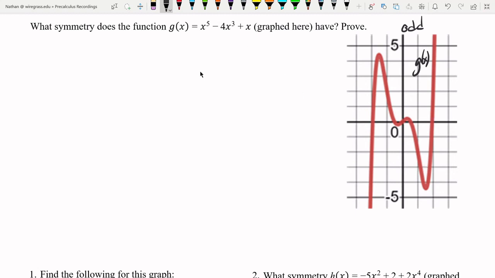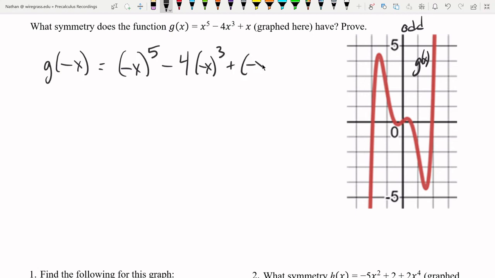And we can prove that it has odd symmetry by taking g of negative x. That's going to be negative x to the 5th power minus 4 times negative x cubed plus negative x.